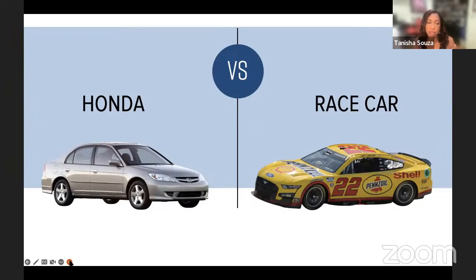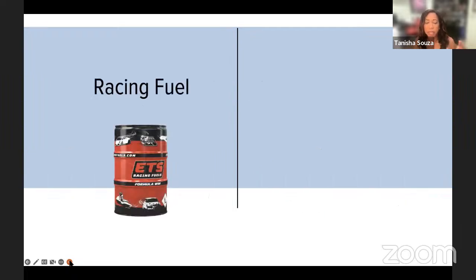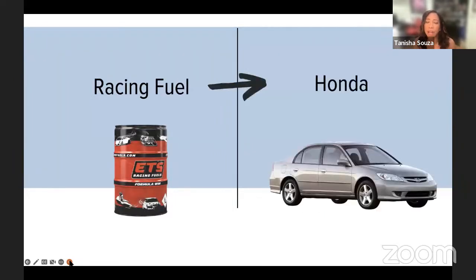So you've got 2 things, the vehicle and the fuel it uses, that make it go faster than the Honda. Now, if you were to put racing fuel in the Honda, which we want to view as a traditional investment system, if you put racing fuel or these short-term amortized income investments in that Honda, it's not going to work efficiently.